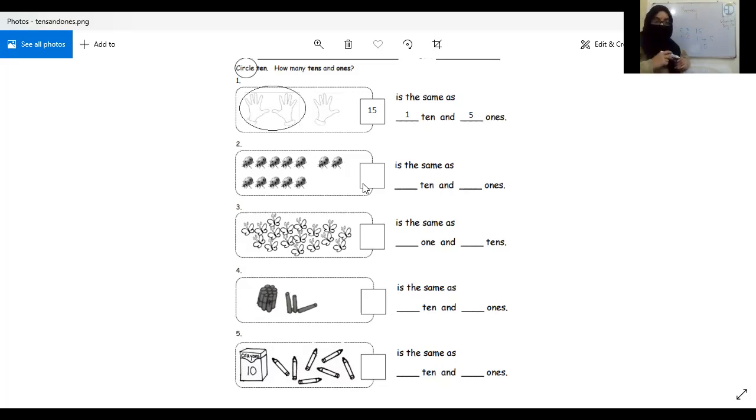So the number would be 12 in the first square box, so write the number 12. Then in the blanks where it is written that it is the same as dash 10, before 10 write the number of tens. How many tens are there? Only one. And in the second blank, how many ones are there? Two, so write two over there. Got it? Okay, good.